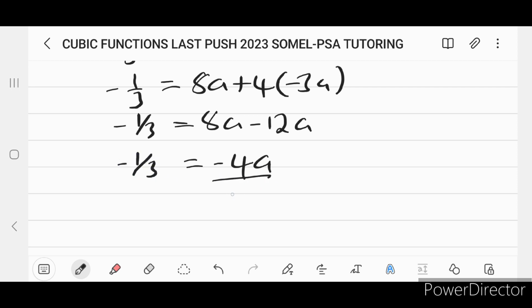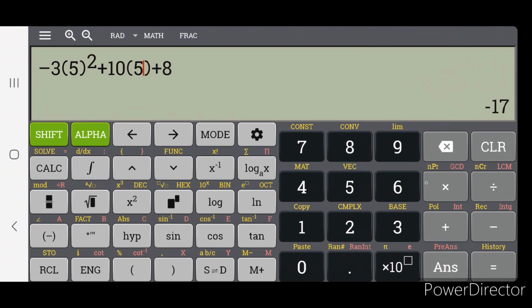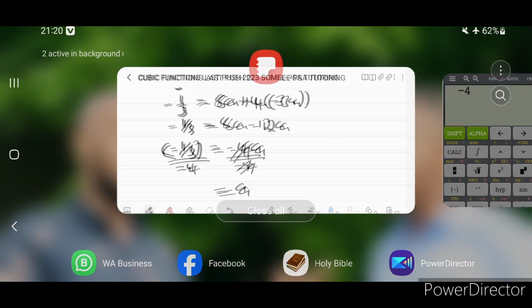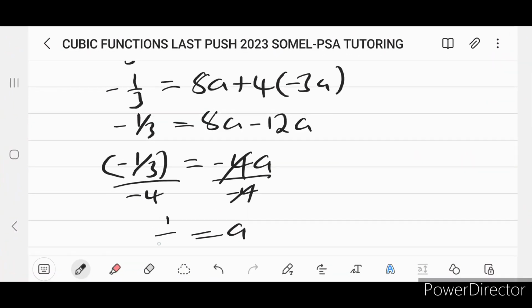So divide by minus 4 on both sides, and my a is minus 1 over 3 divided by minus 4, which is 1 over 12. So my a is positive 1 over 12.